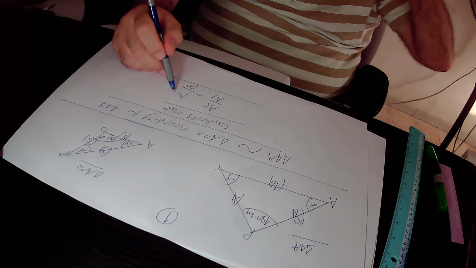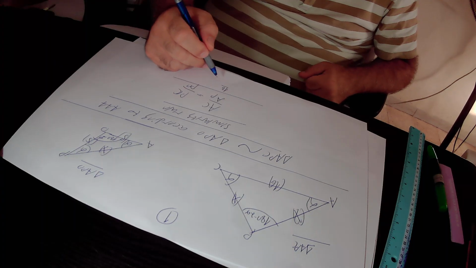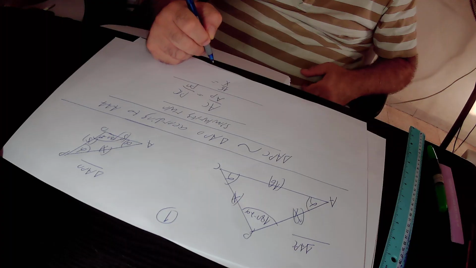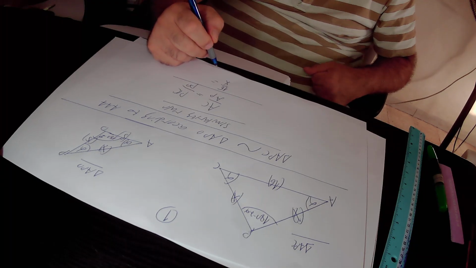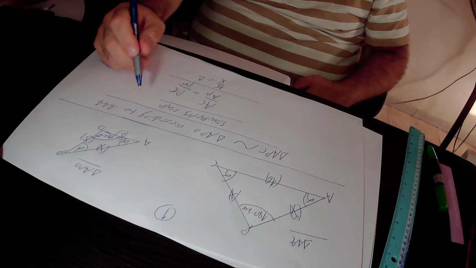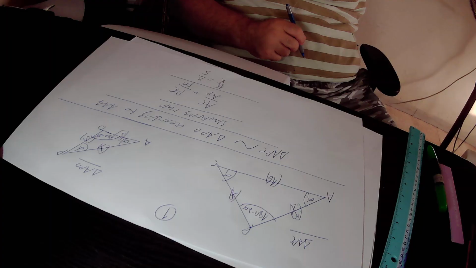AC is 16 over AP, AP is x, and it equals PC, PC is also x, over PO, PO equals 5 units in its length. So in total we found out that 16 over x equals x over 5.